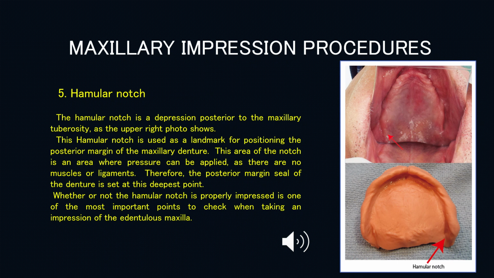This area of the notch is an area where pressure can be applied, as there are no muscles or ligaments. Therefore, the posterior margin seal of the denture is set at this deepest point. Whether or not the hamular notch is properly impressed is one of the most important points to check when taking an impression of the edentulous maxilla.